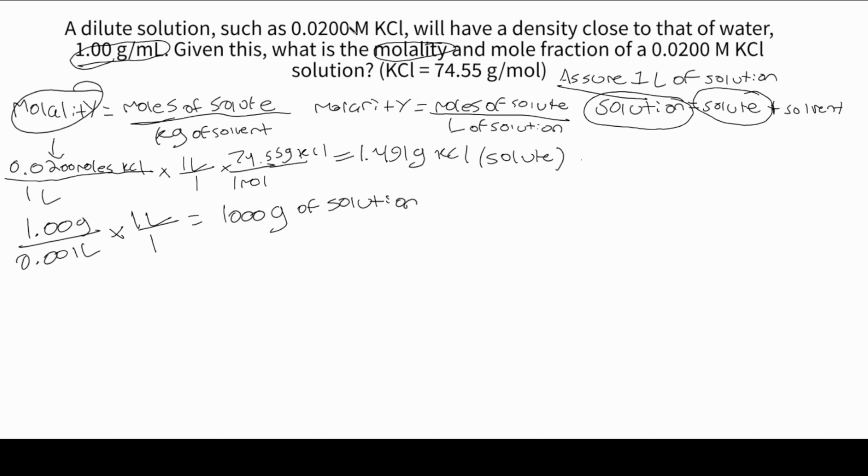So now we have this part. If we plug all this in, 1.491 is our solute, and 1,000 is our solution. Now we just need to get our solvent. So 1,000 minus 1.491 is 998.509 grams.